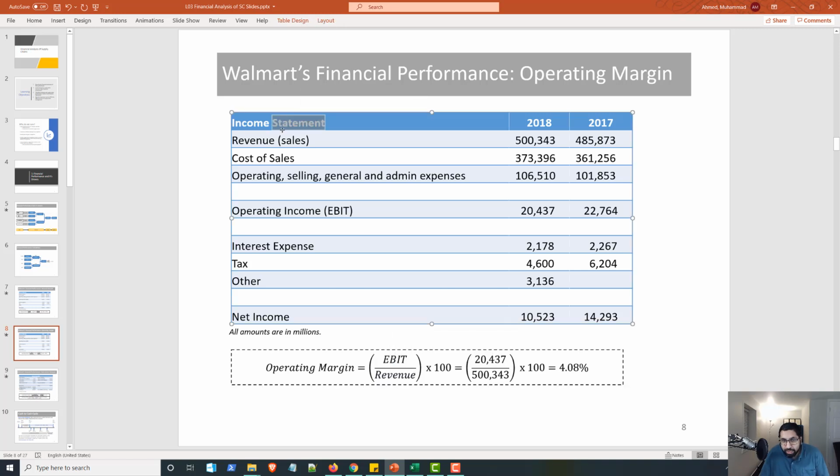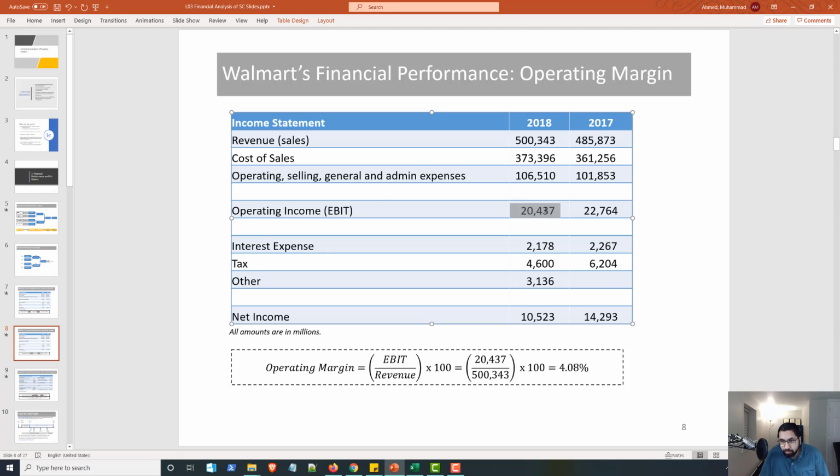In the same income statement, if you go down the line after certain expenditures like cost of sales and SG&A, you will find either operating income or EBIT, earnings before interest and taxes. Another way you can identify that is that under the EBIT line, the interest expense and taxes will come after that. So EBIT, or operating income, is going to come before interest and taxes.